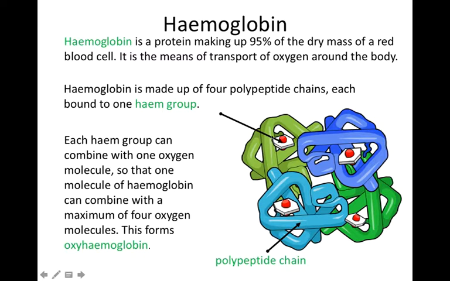It's surrounded by a globin chain, hence why it's called hemoglobin. The globin chain is the sequence of amino acids, which is a polypeptide chain, and it is unique. You can see that it's folded, so it's a globular protein. When an oxygen molecule joins to the heme group, it forms oxyhemoglobin.